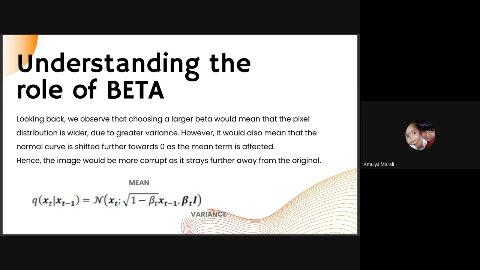If you take beta more and more, variance will increase because it's a directly proportional relation. This also means the pixel distribution will become wider because of the greater variance. But it also means that the mean in this equation, root over 1 minus beta t into xt minus 1, will decrease because it's 1 minus a larger value, and it will go to a point where it becomes 0. So the normal curve eventually shifts towards 0.